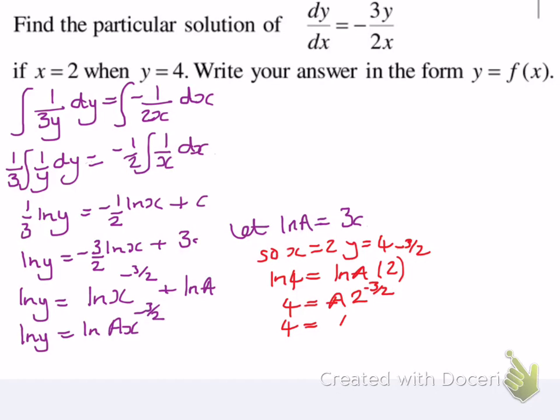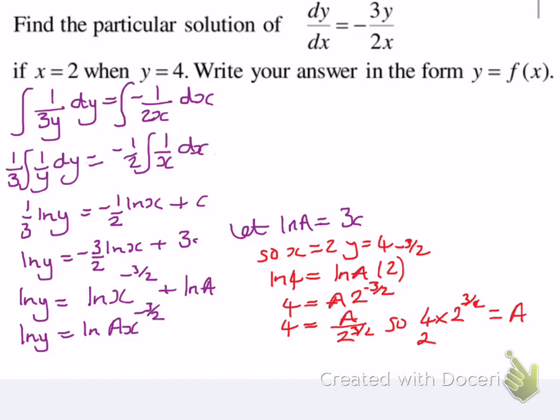Four equals a over 2 to 3 over 2. So 4 times 2 to the 3 over 2 equals a.